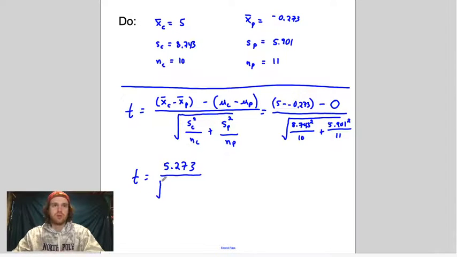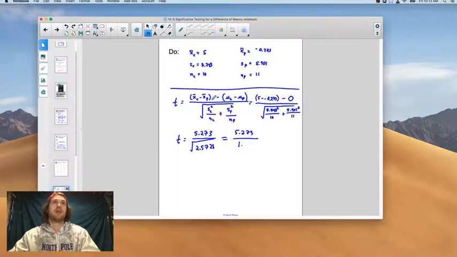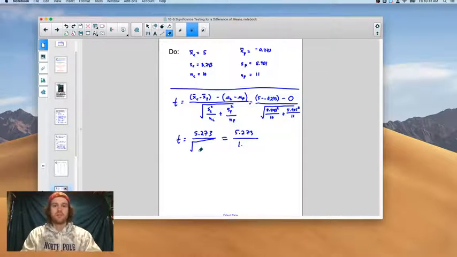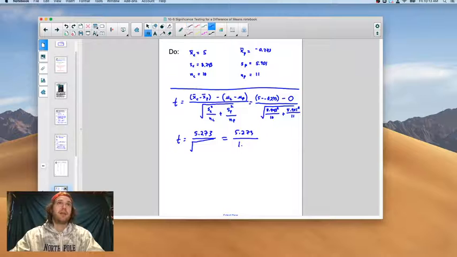It's like 2 to the square root of 2.5728-ish or something like that, which is 5.273 divided by 1. Oh, that is not correct. Pardon me. I used the wrong number there. Erase that. Scratch that. Should be the square root of 10.8096.